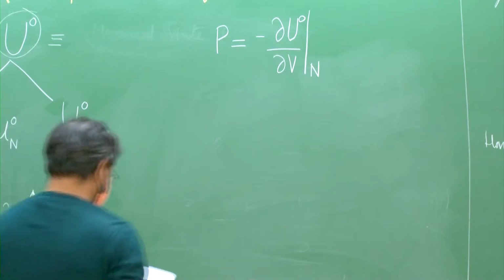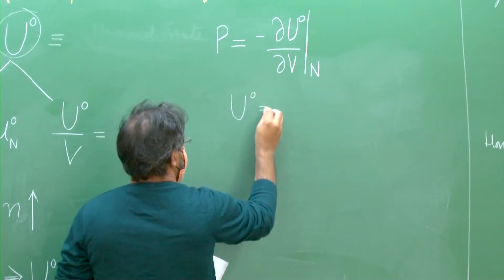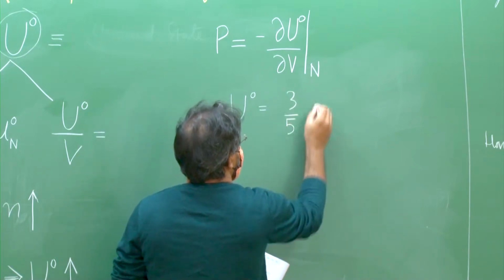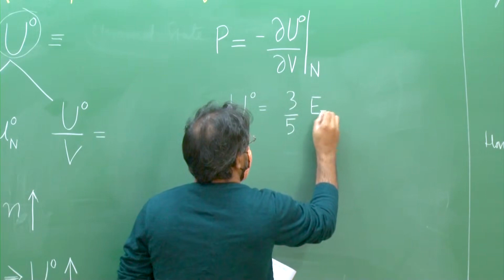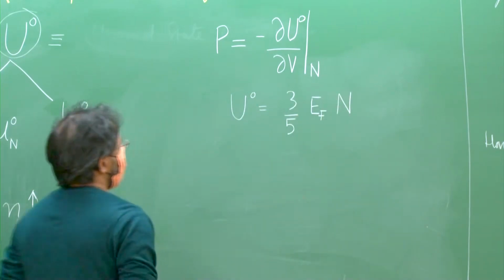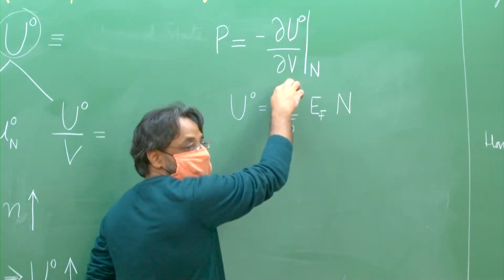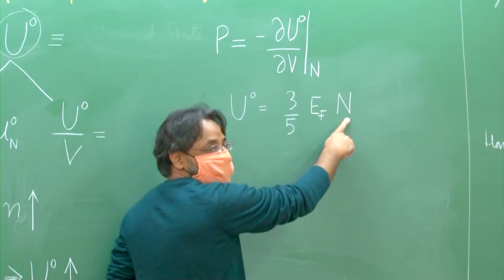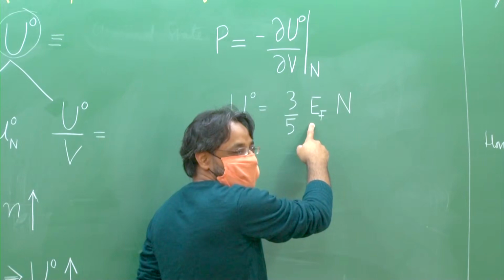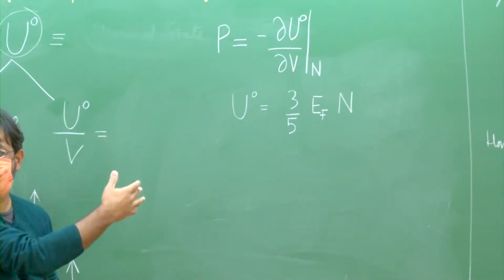So we know that U0 is nothing but 3/5 of the Fermi energy times n, isn't it so? And we have to take the derivative with respect to the volume. Now the volume term is not here, but the volume term is here. This is volume dependent. How is it volume dependent? Because it depends on QF, QF depends on little n, which depends on V, right?